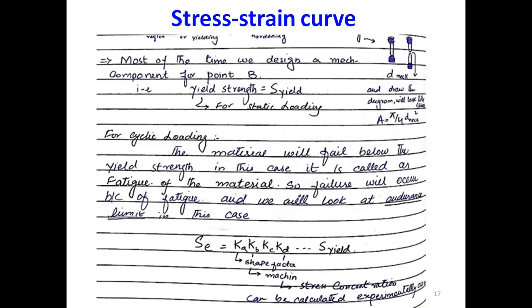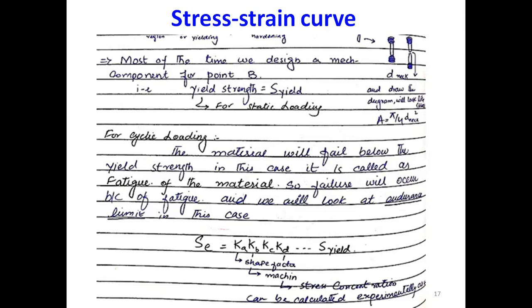But that is true in case of static loading. When we have a component and we are subjecting it to static loading, you have to design it based on the yield strength.